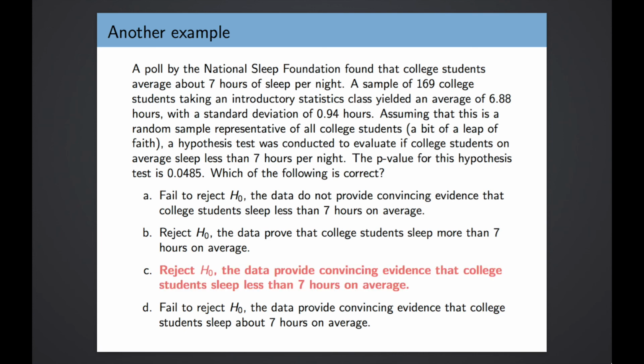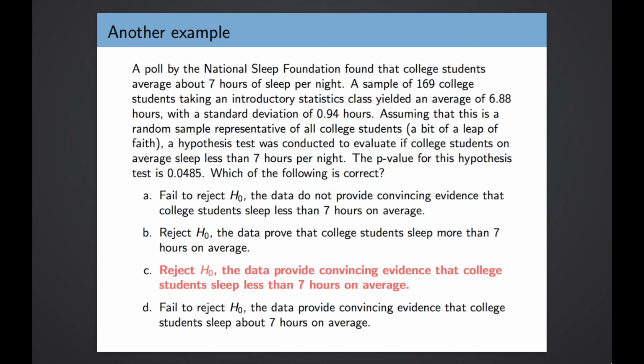So our null hypothesis is that college students get 7 hours of sleep per night. Our alternative hypothesis is that college students get less than 7 hours of sleep per night. And we use the data from our sample and this information that we have about the p-value of the hypothesis test to evaluate this.